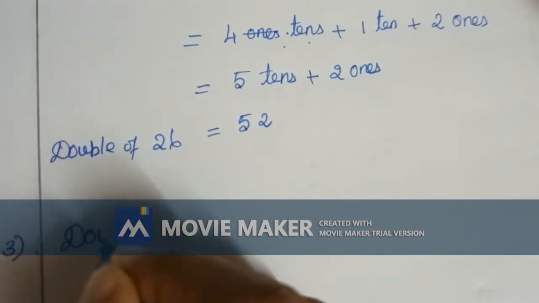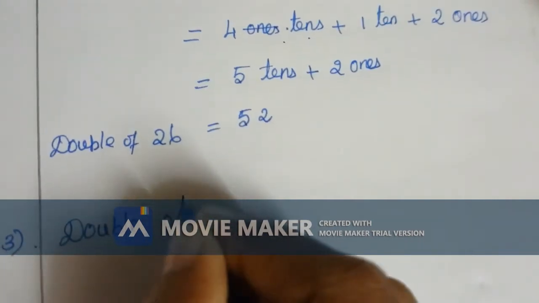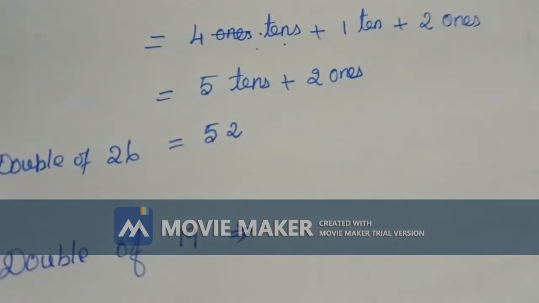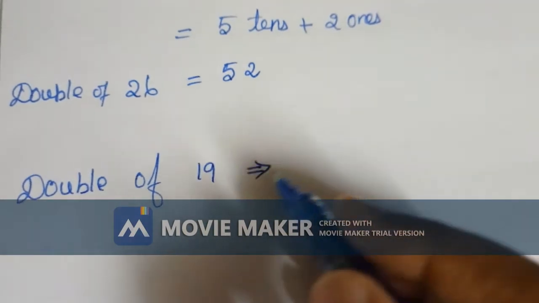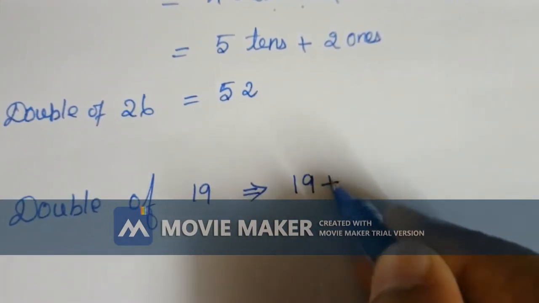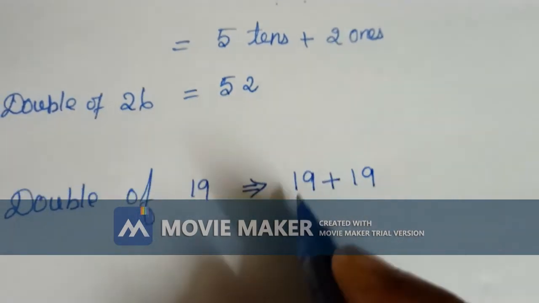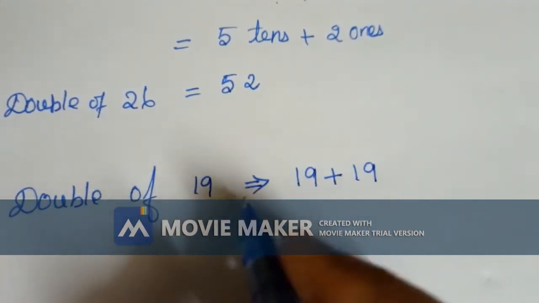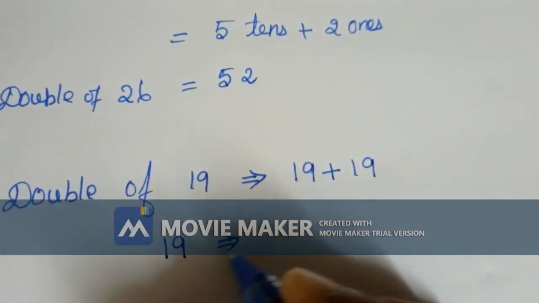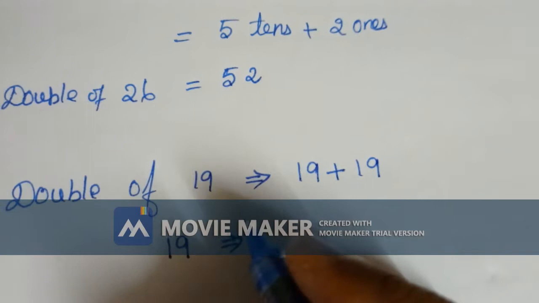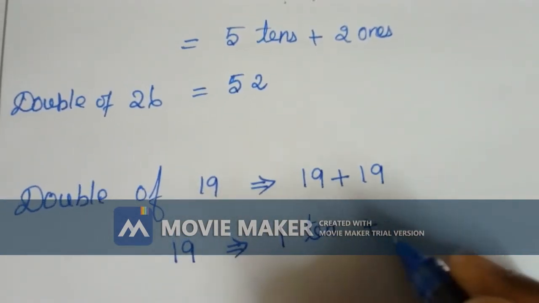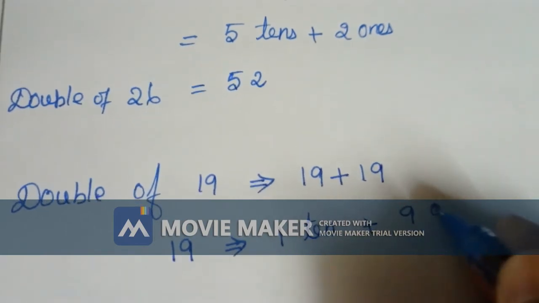Double of 19. So double of 19 means you have to add the same number once again, 19 plus 19. Now you have to expand 19. So in this 19, how many ones and how many tens? Yes, 1 ten and 9 ones.